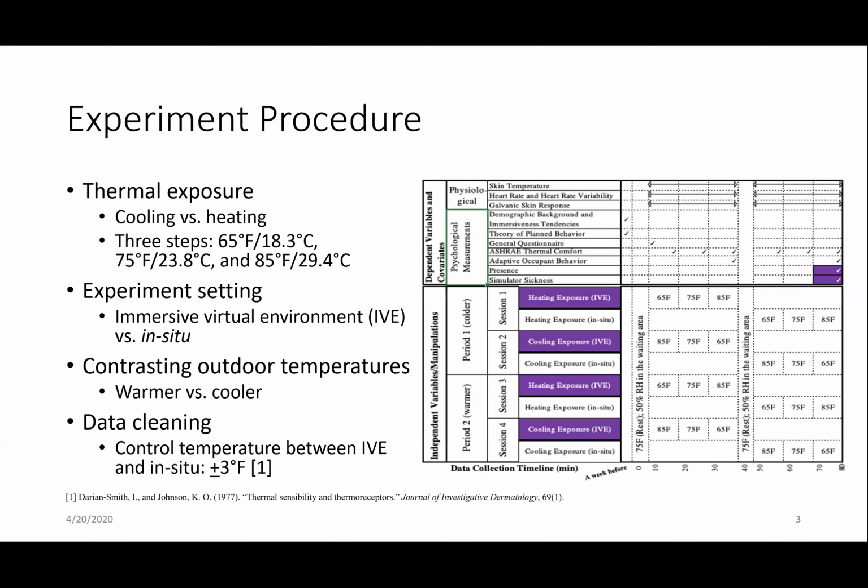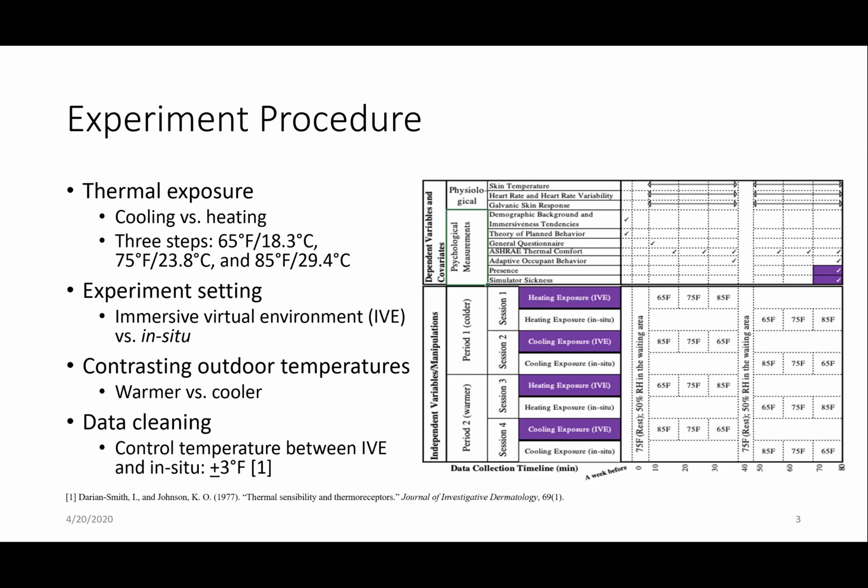This is the procedure that we used. As I mentioned, we are still in the data collection process, so the procedure itself actually helped us collect more data than what I report here. By the way, this is not a thermal comfort study.